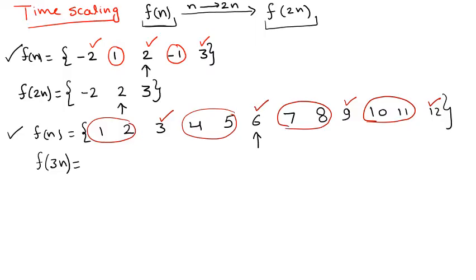So what is left with us? The signal f(3n) will be equal to 3, 6, 9, 12. So that's our signal which is left. Okay, so basically this f(3n) is downsampled by a factor of 3 of this f(n).